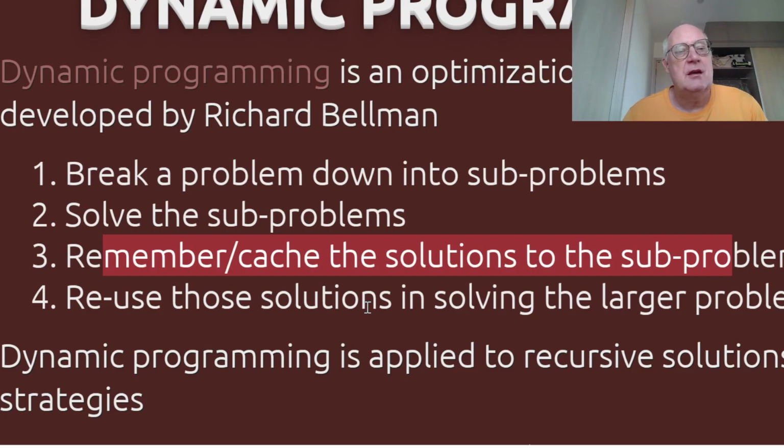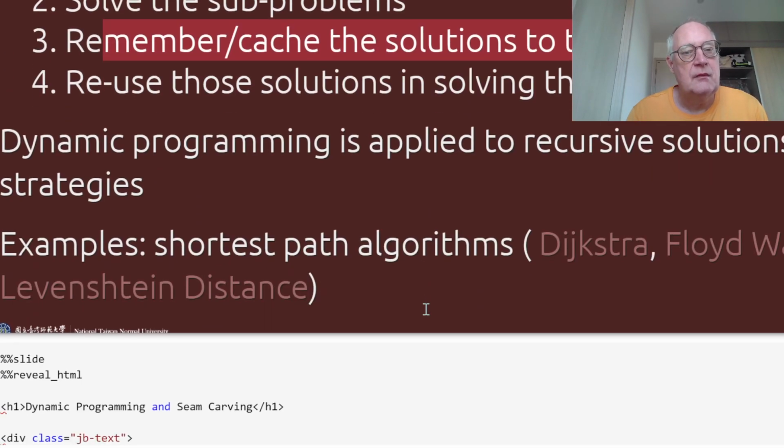So then a lot of them are actually implemented using various tables. Now, other algorithms that are examples of dynamic programming would be Dijkstra's algorithm for finding the shortest path in a graph, Floyd-Warshall algorithm for path planning on shortest path problems, and the Levenshtein distance.